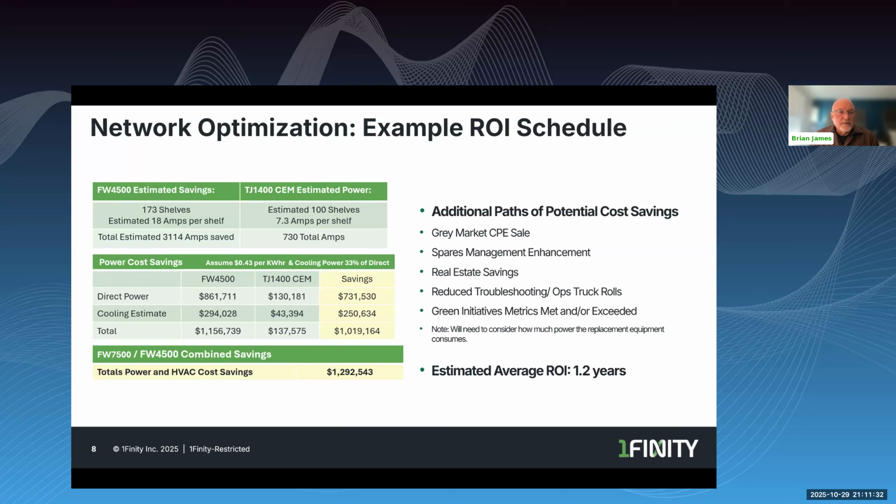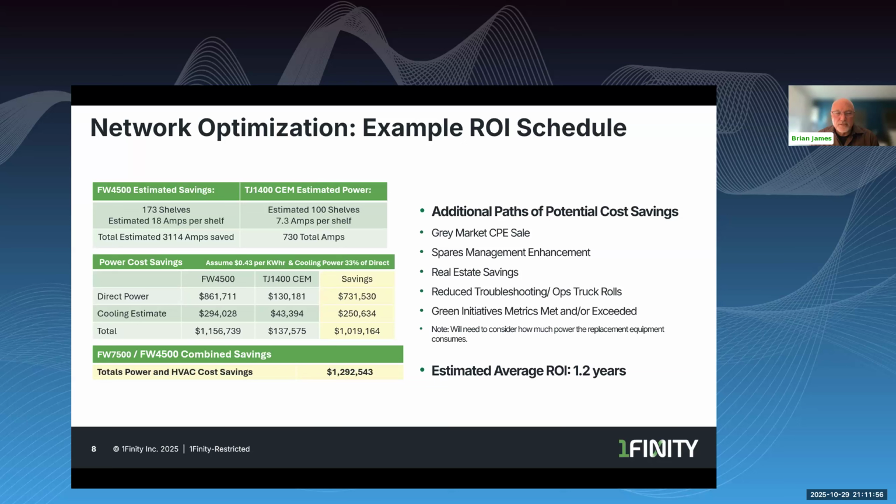That translated into about 100 shelves with about 7.3 amps per shelf. So you went from over 3,000 amps down to a total of 730. So over 3,000 amps saved using the Tejas equipment to do the migration.